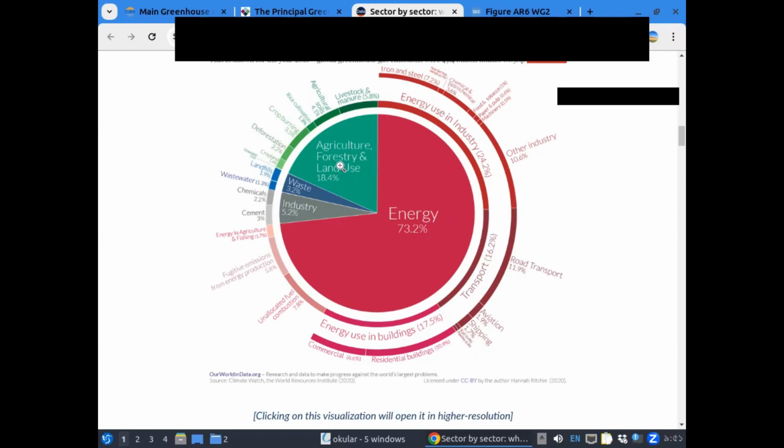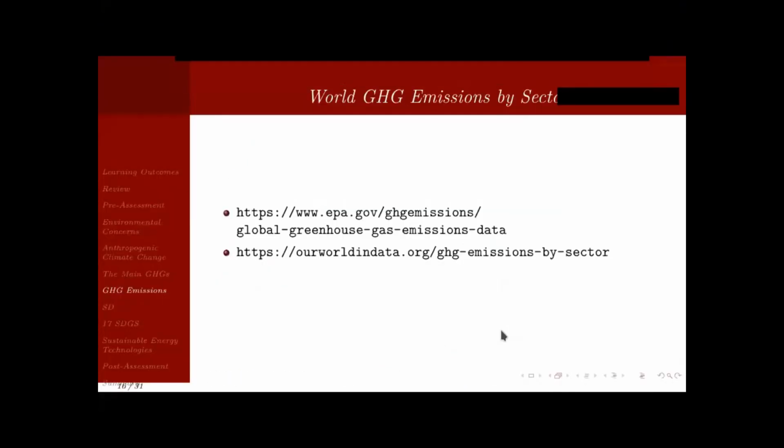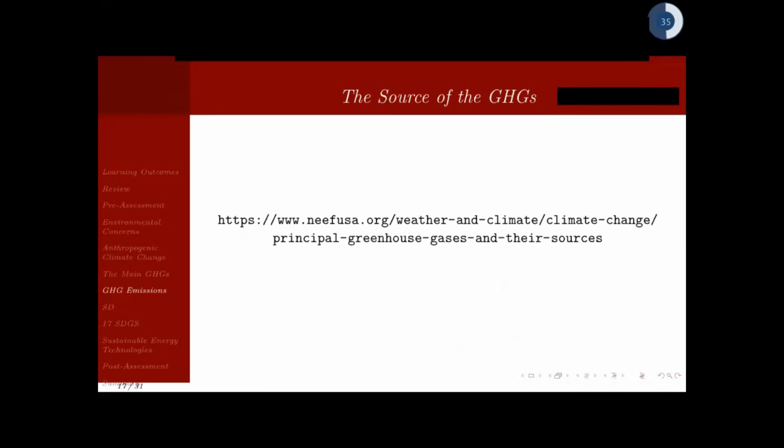And when you talk about agriculture, forestry, and land use, I think the livestock and manure are contributing the most, 5.8%. So this is a very nice graphical illustration of emissions coming from different sectors, mainly from energy, agriculture, industry, and waste. These are some of the sources which are contributing. You can explore that later on.